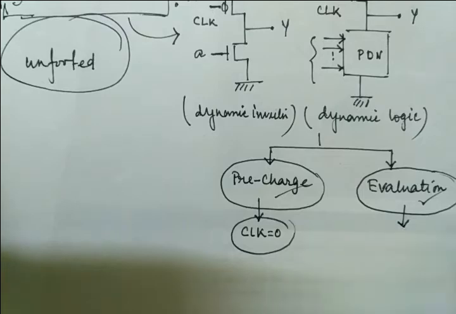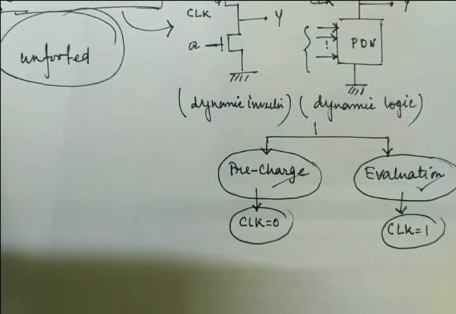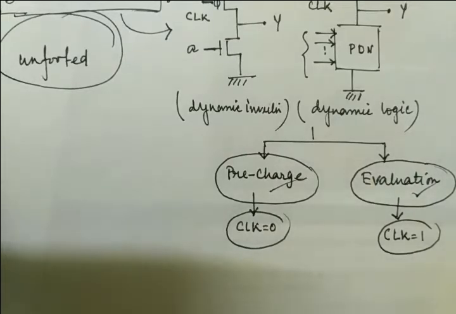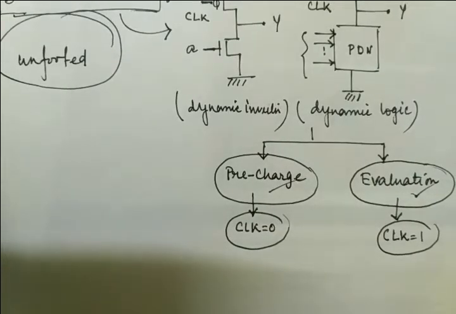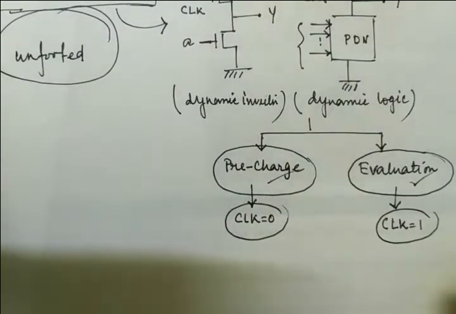And we call it the evaluation logic when it is the opposite, when clock equals 1. Right? So please keep in mind that pre-charge logic means we consider this kind of logic when clock equals 0, and whenever the clock equals 1, we call it the evaluation logic. Okay, now come to the discussion of how these pre-charge and evaluation phases work, right?